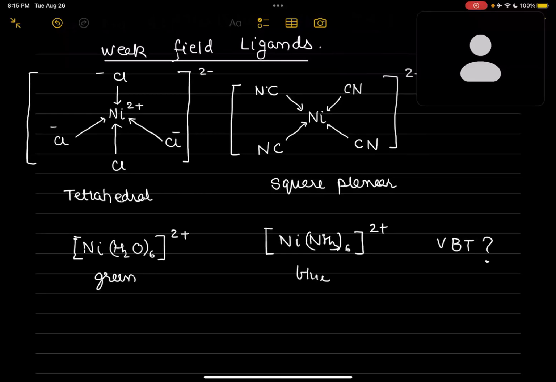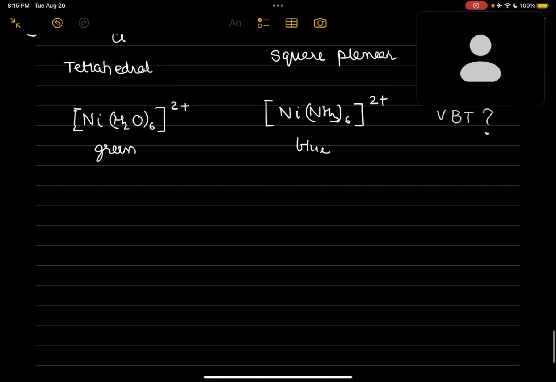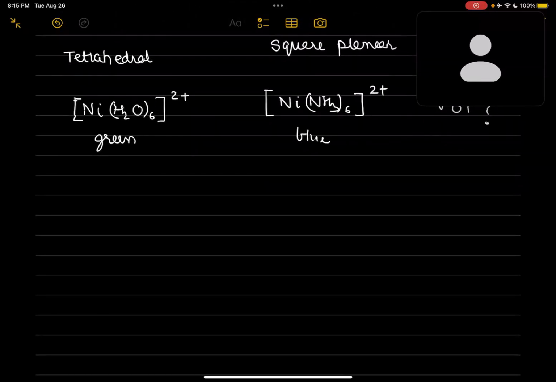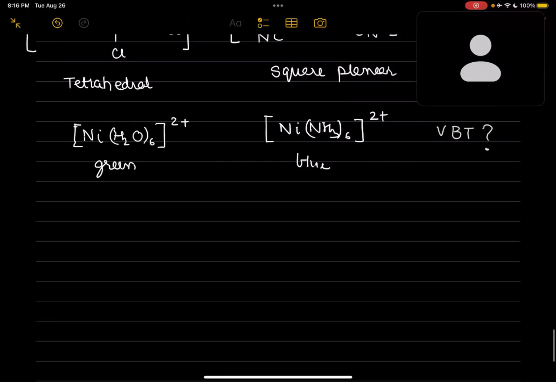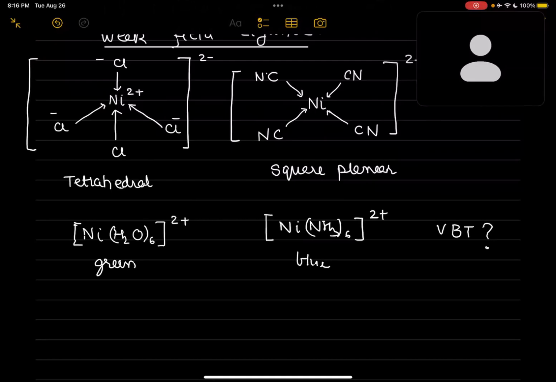So before starting crystal field theory, let me take some points of crystal field theory in valence bond theory. In valence bond theory, if you differentiate between the ligands as strong and weak ligands, you can easily classify them, predict the geometry and the color of the complexes, and also predict the magnetic behavior of the complexes.